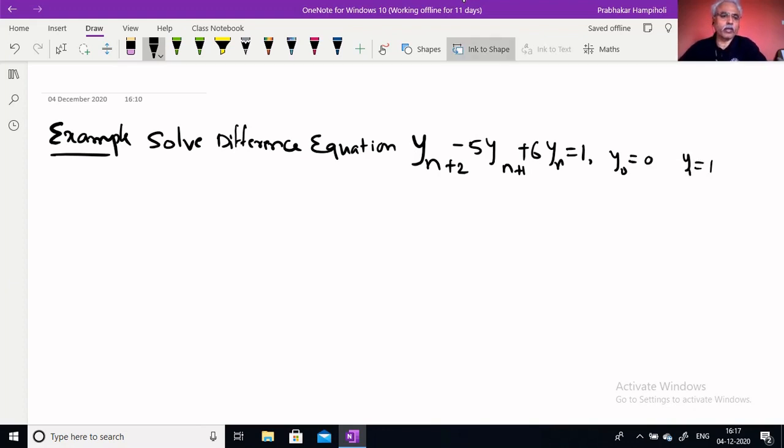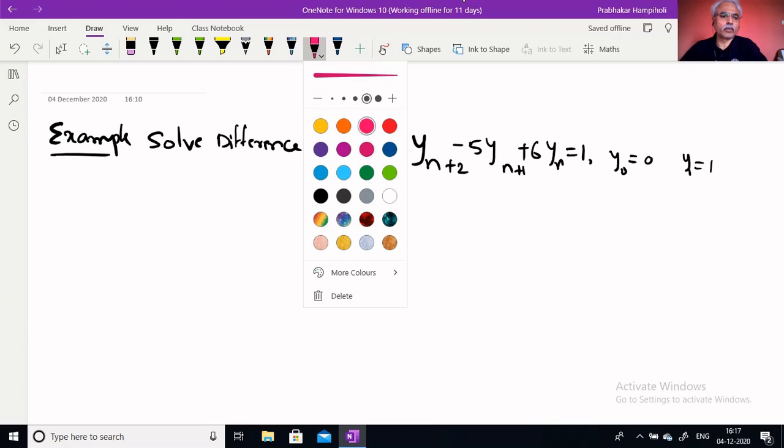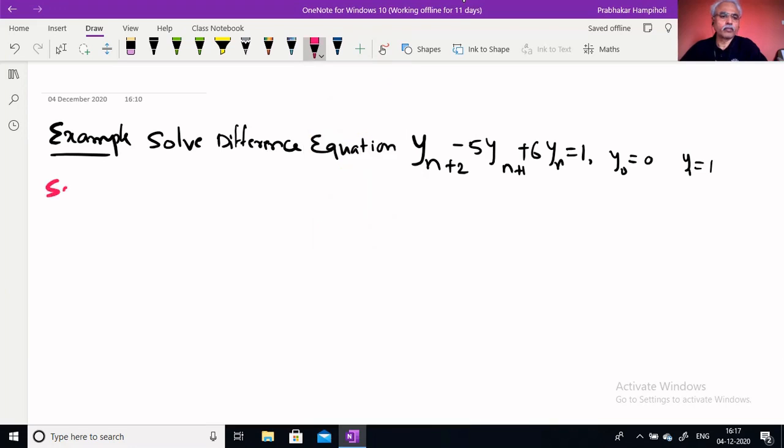Now in the solution part, consider the given difference equation, with the y n plus 2, n plus 1 term, and n term.